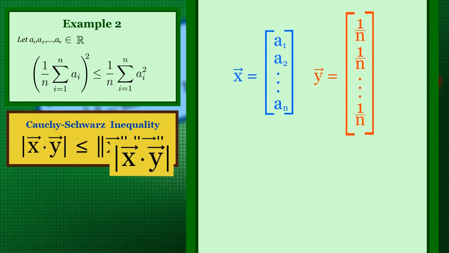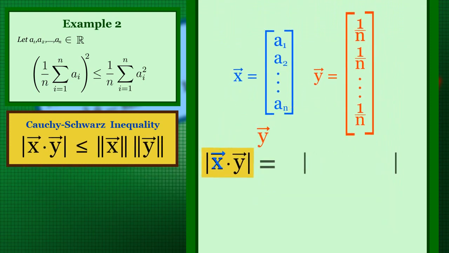First, we calculate the absolute value of the dot product. This is going to be the absolute value of the sum from i equals 1 up to n of ai over n. Of course, we can pull out the constant scaling 1 over n.